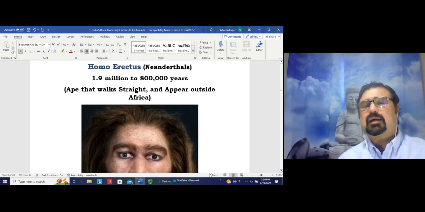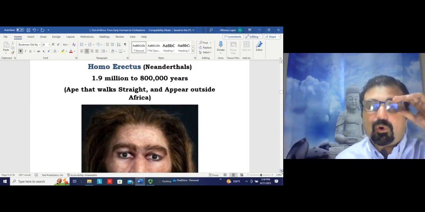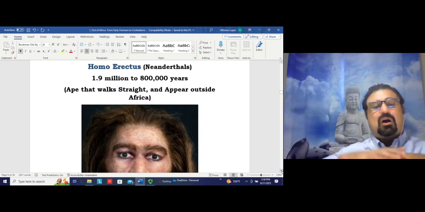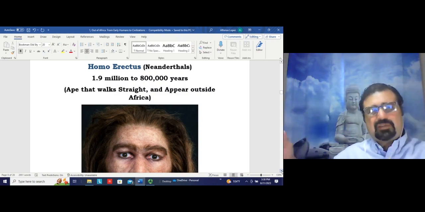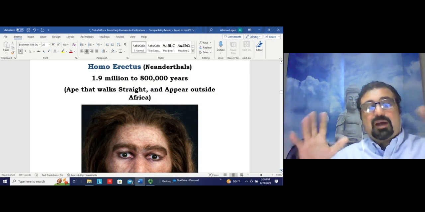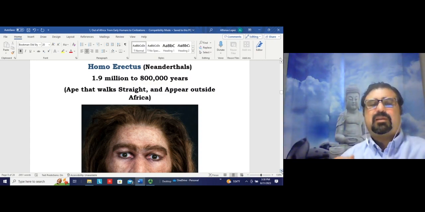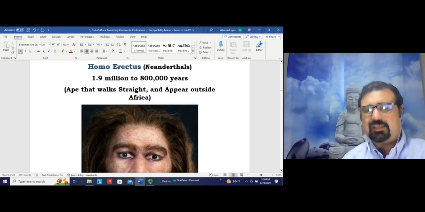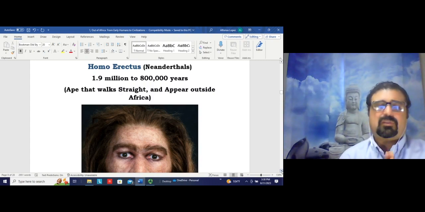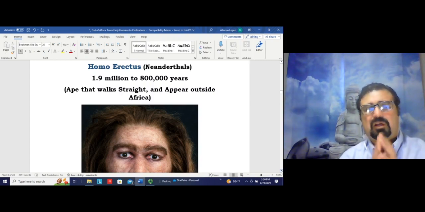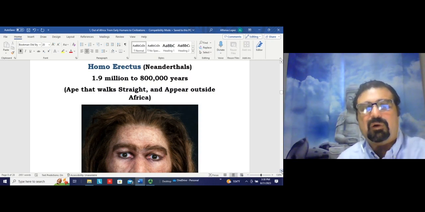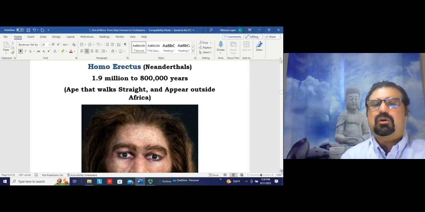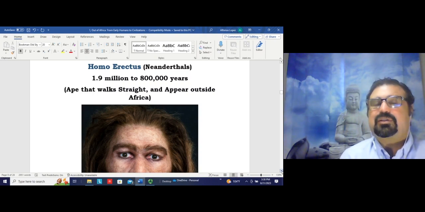Now, later on, about 1.9 million years ago, all the way to about 8,000 years ago, more or less, we're going to see the rise of another humanoid that is going to be far more sophisticated in many ways in their physical constitution. Their brain is going to be much akin to the brain of modern humans, and he's going to become known as Homo erectus.